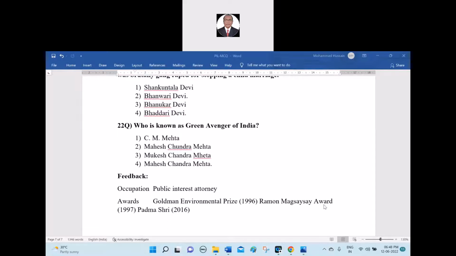Which one is Bharat Ratna, Padma Vibhushan or Padma Bhushan? Next, Padma Bhushan, Padma Shri. In a sequence, which is the highest, which is the lowest? The highest award is the Padma Shri, Padma Vibhushan or Bharat Ratna?